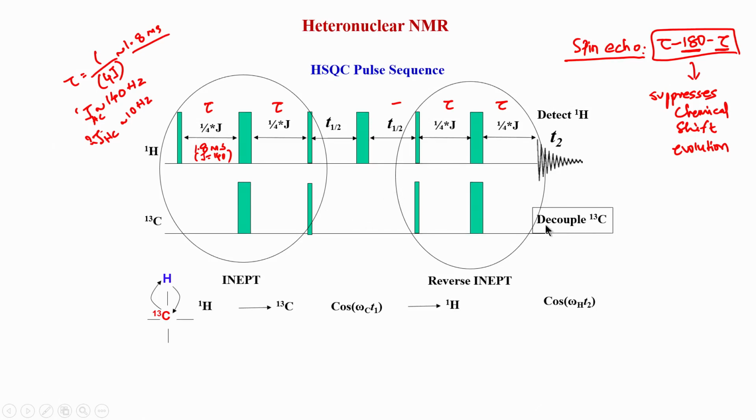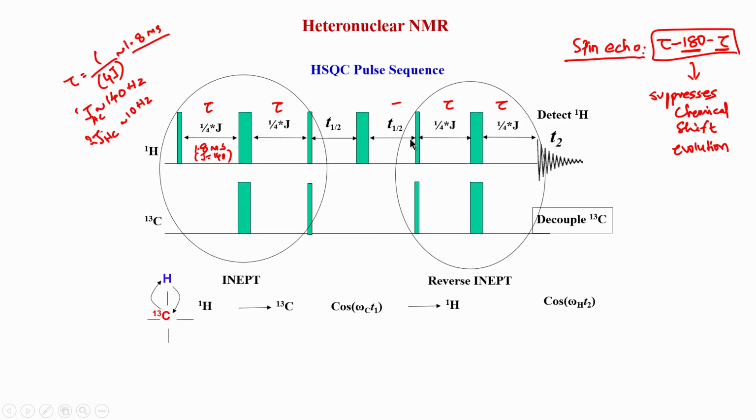This is similar to the decoupling which we have seen in 1D NMR or in carbon NMR, where we decouple carbon or proton during detection. But here there is no detection; this is called an indirect evolution period. Therefore, in this period we do not apply a continuous decoupling, we simply apply a 180 degree pulse, and it has to be applied exactly at the center of the evolution.